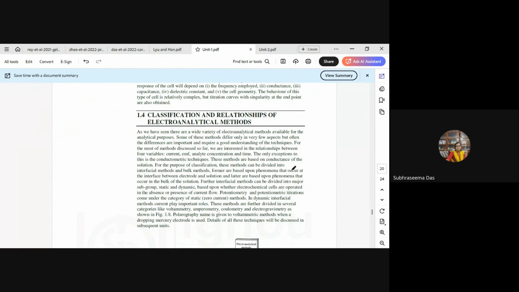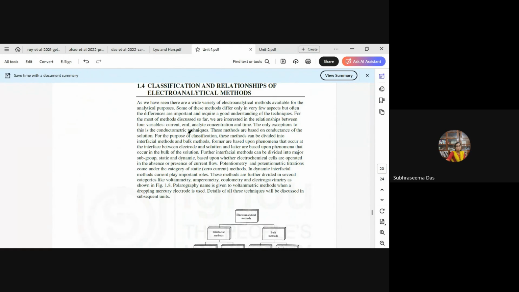Some of these methods differ in very few aspects, but often the applicability of these processes is huge. So for the purpose of classification, methods can be divided into interfacial methods and bulk methods. The former are based upon phenomena that occur at the interface, whereas the bulk methods are processes that occur at the bulk level.